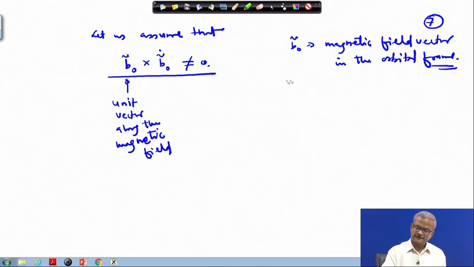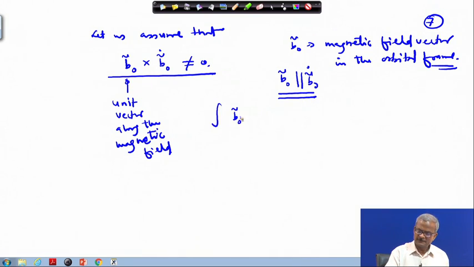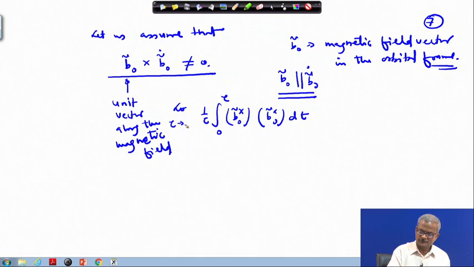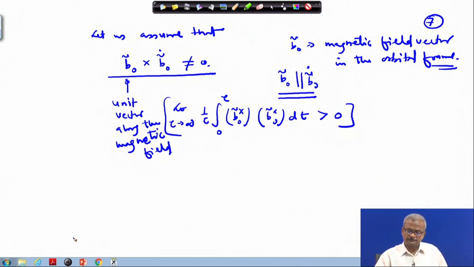What it says is that if B tilde 0 is not parallel to B tilde dot, then you will get B tilde 0 cross, this will be greater than 0, provided this condition is satisfied.